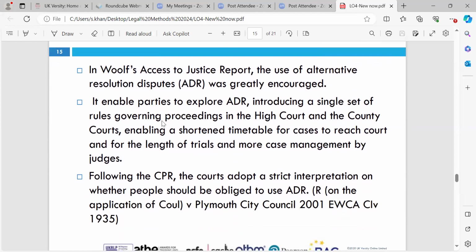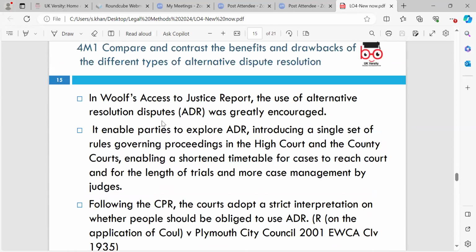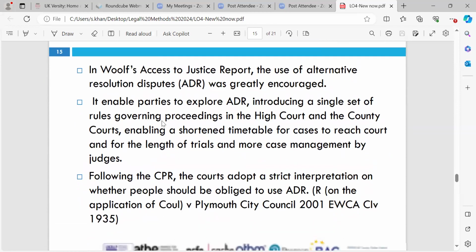In Woolf's Access to Justice report, the use of alternative dispute resolution was greatly encouraged. It enables parties to explore ADR, introducing a set of rules governing proceedings in the High Court and the County Court, enabling a shortened timetable for cases to reach court, and for lengthy trials and more case management by judges.